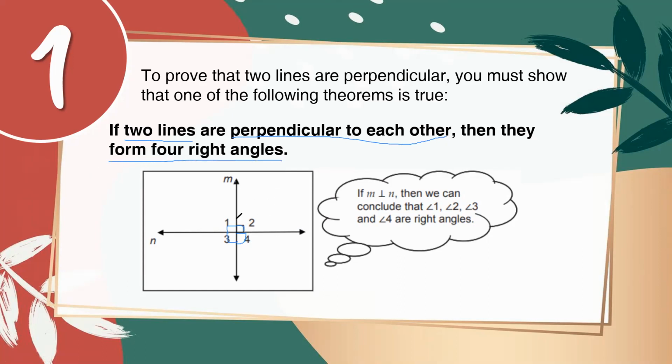These are the two lines, the line M and the line N. And we will write this as M is perpendicular to N.